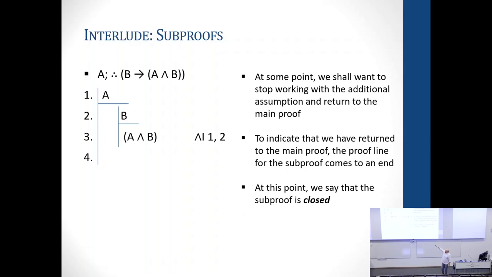We stop drawing the subproof line and we move back to writing on the main proof line. Now it's worth noting, there's only a few rules that will let us derive something one line to the left. There's only a few Beyonce rules that will let us drag something to the left.